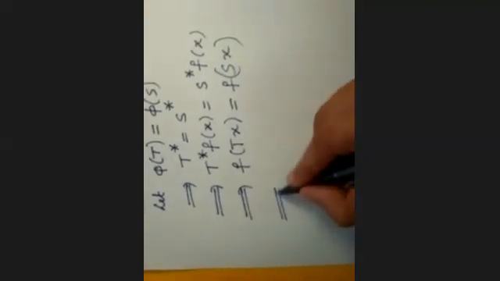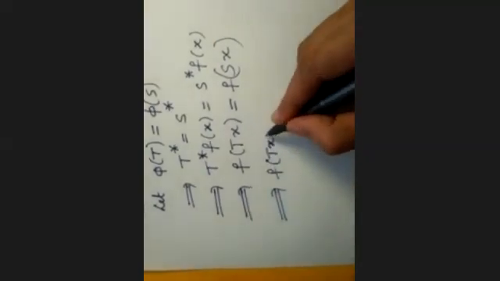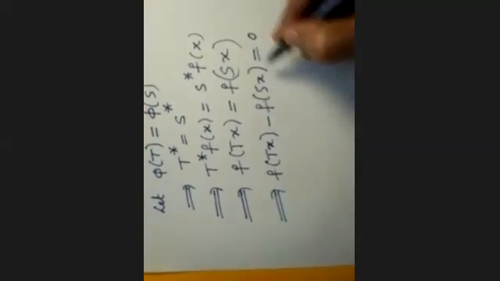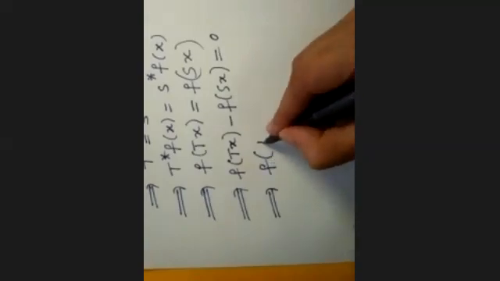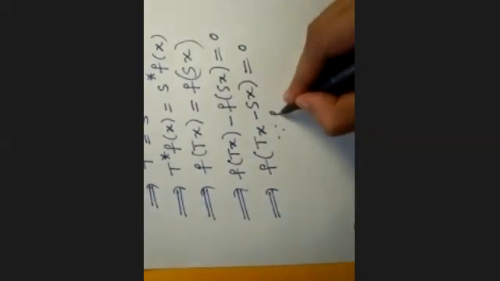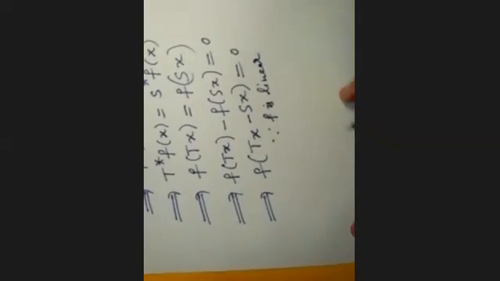This implies f of Tx minus f of Sx equal to 0. This implies f of (Tx minus Sx) equal to 0 because f is linear.